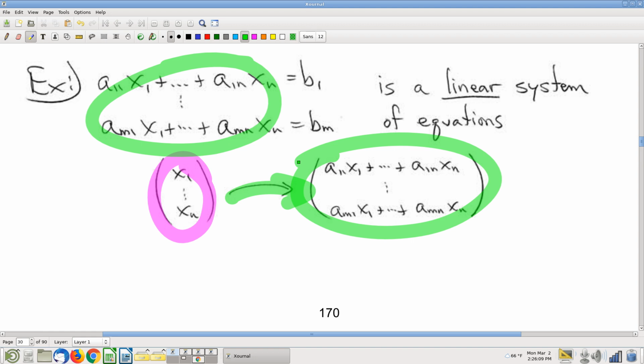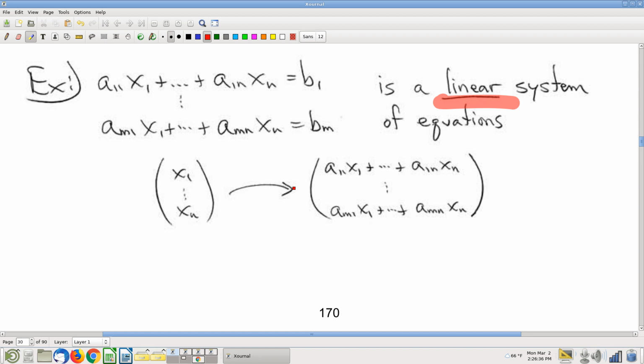You can think of this as multiplying this purple vector by some matrix with elements being the coefficients there. Take your pick, it doesn't matter. But that's a function. X's go in, all this business comes out. And by saying that this is a linear system, really what we're saying is that the function that creates the system in the first place is a linear transformation.